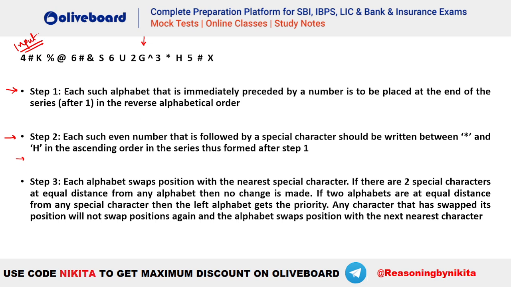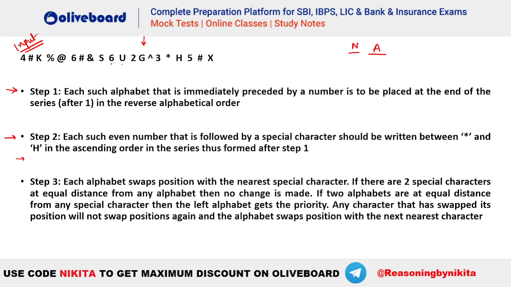Let's see what has to be done in step number 1. Each such alphabet. So we are specifically talking about alphabet here in step number 1. Each such alphabet that is preceded by a number is to be placed in the end of the series in the reverse alphabetical order. So where do we have number alphabets? Let's quickly check. So you can see we have a number here, right?